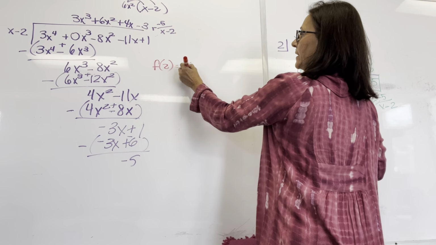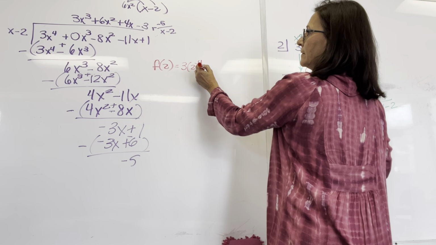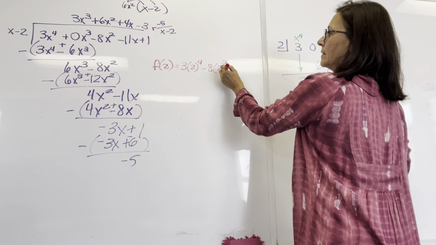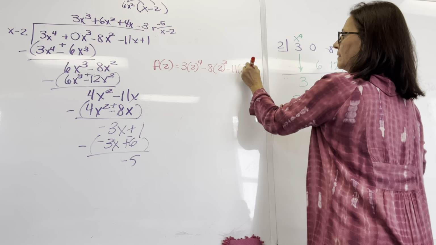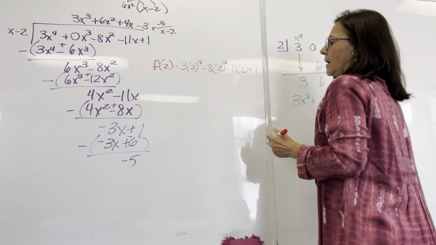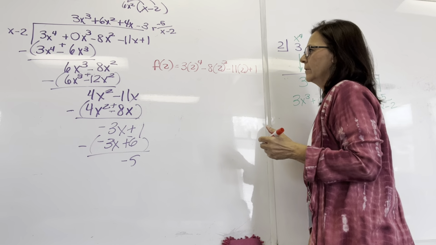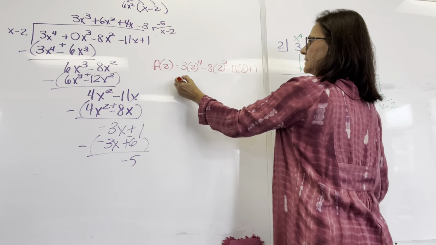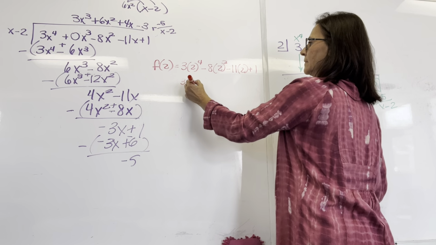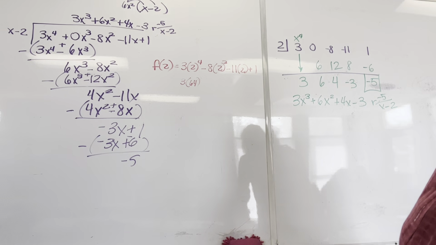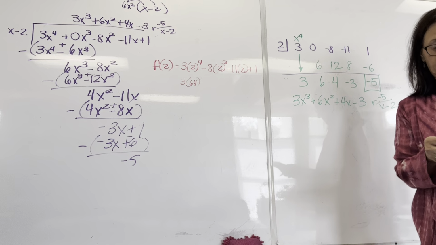I need y'all to help me. All right, what's 2 to the 4th? 16. So 3 times 2 to the 4th is 48. Well, 2 to the 3rd is 8.